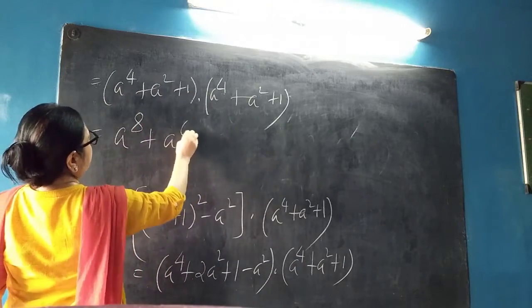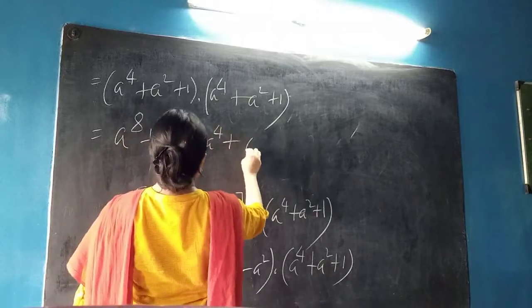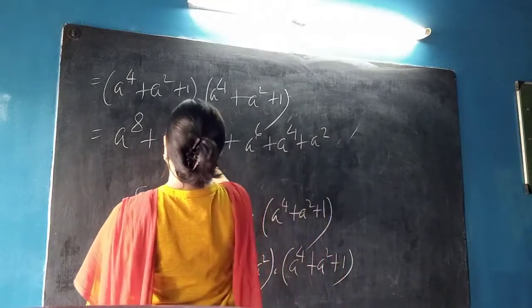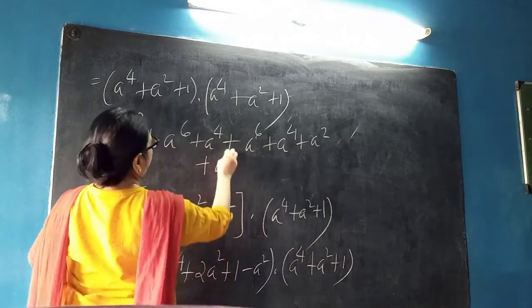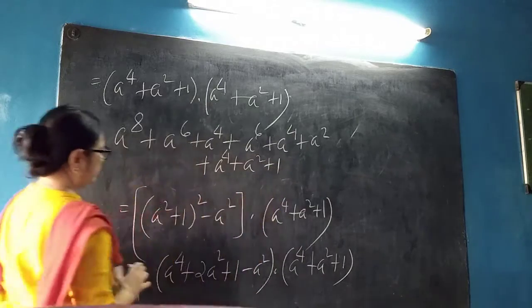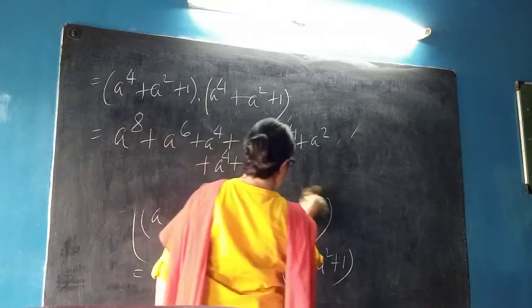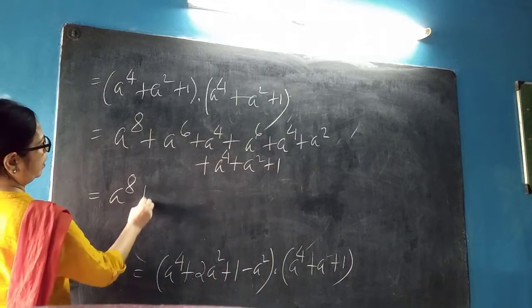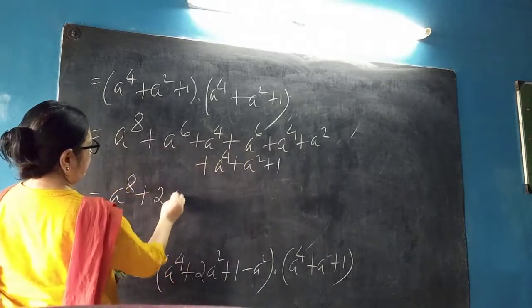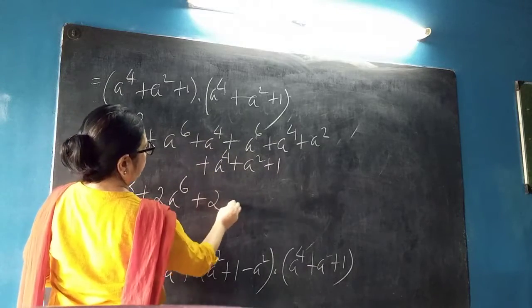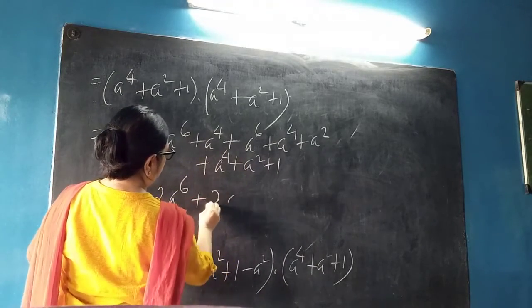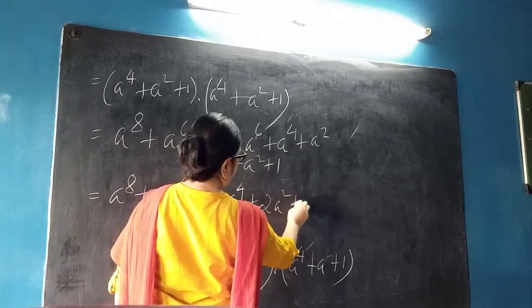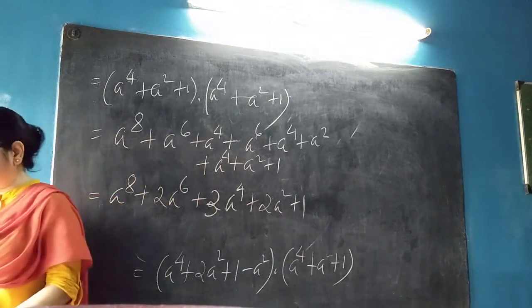Then a to the power 8 plus 2a to the power 6 plus 3a to the power 4 plus 2a square plus 1. This is the product. Clear?